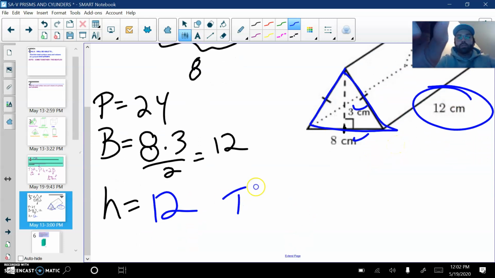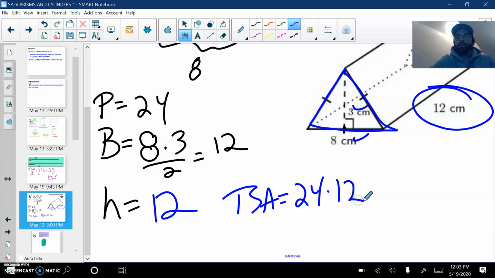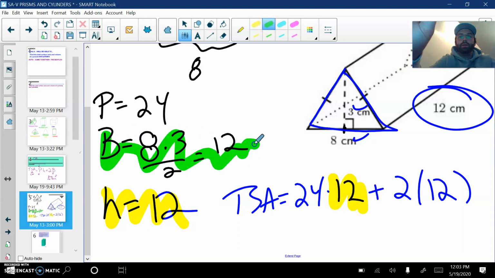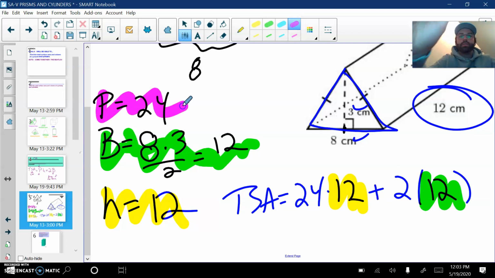So if I want to find the total surface area of this shape, I would do 24 times the height of 12 plus 2 times 12. This 12 is the height, and the area of the base is this 12 here, and this is the perimeter.